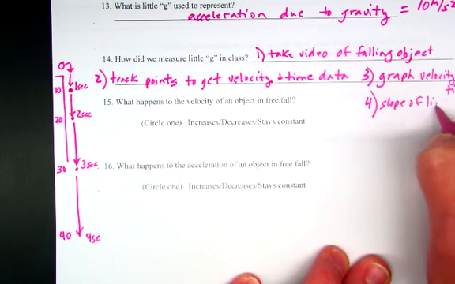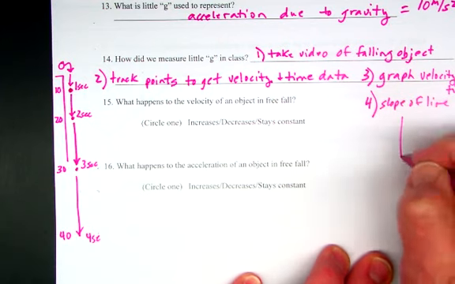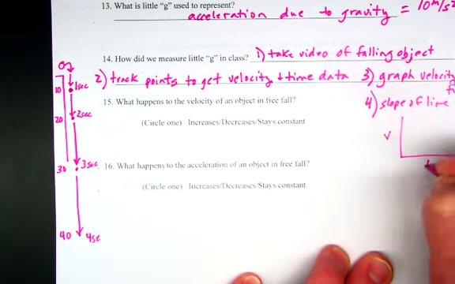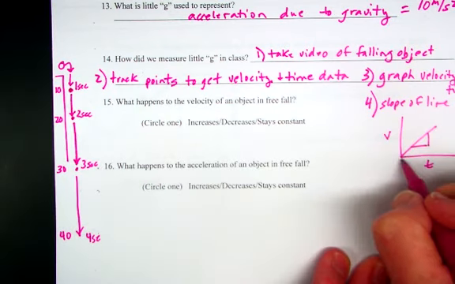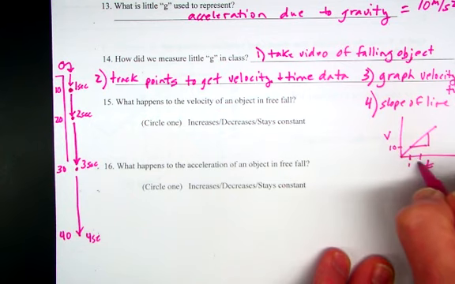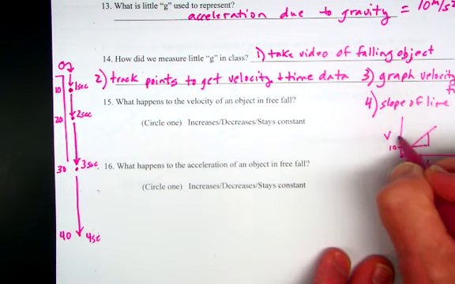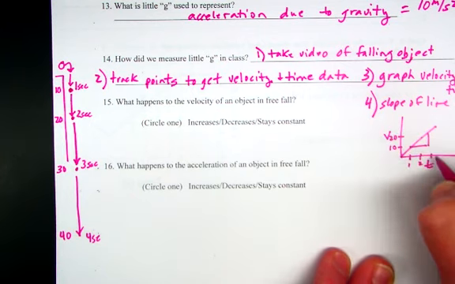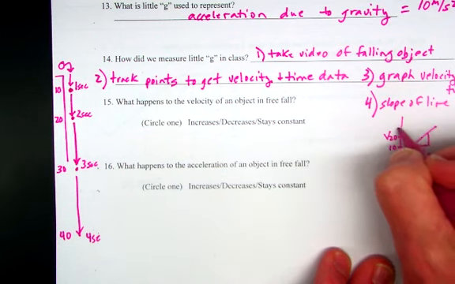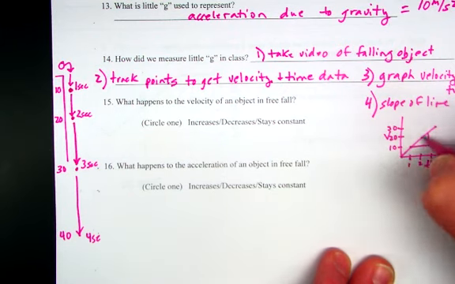It turns out, I think you know this, that on the velocity versus time graph, if you find the slope of the line, say at 1 second they're going 10, at 2 seconds they're going 20, at 3 seconds maybe they're going 30, your graph is going to look like this.